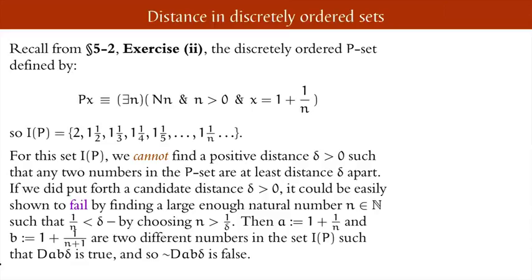If we did have a candidate positive delta, then we could easily be shown to fail by choosing a large enough natural number n so that 1 over n is less than delta. Then 1 plus 1 over n and 1 plus 1 over n plus 1 are two different numbers in the P set such that DAB delta is true and so not DAB delta is false.